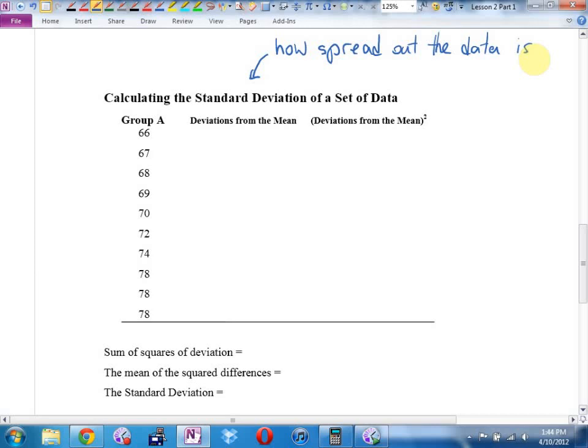And here is the process that they went through. They said, well, I want to figure out how far away the data is from the mean, from the average.